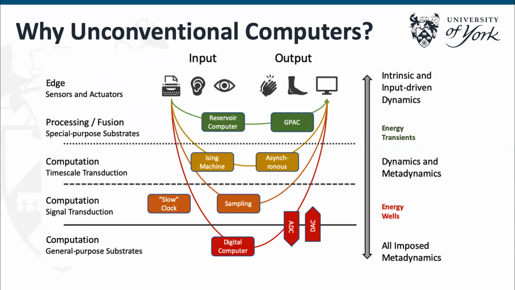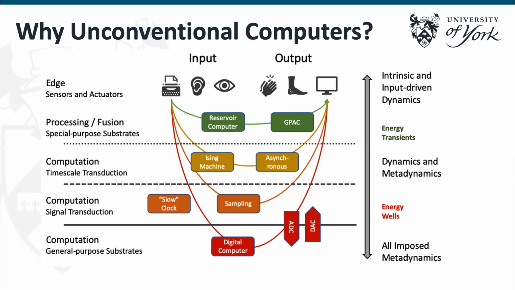I'm not advocating getting rid of digital computers because at the end of the day, they are ubiquitous. They are used for everything that we currently do. What I am advocating is thinking of a stack where we push as much compute as possible away from the digital computer and to the edge, using unconventional computers at the edge.